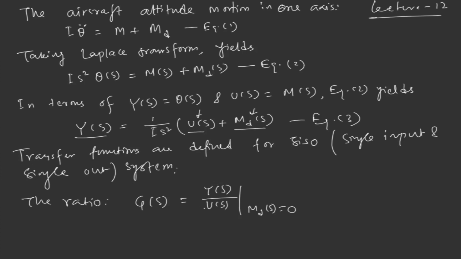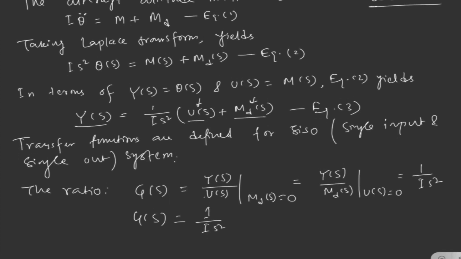Now again we can write Y(s) divided by Md(s) when the input given by the controller is 0. In that case we get I s squared. So in both cases, if you notice, the transfer function remains the same. G(s) equal to 1 upon I s squared.